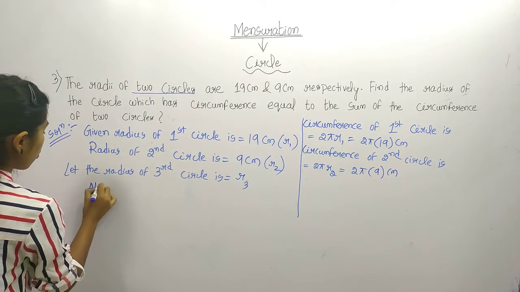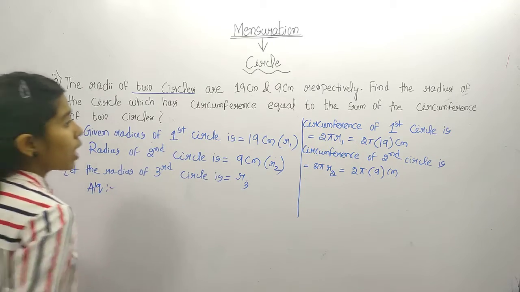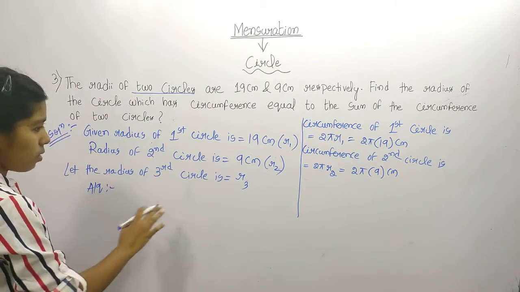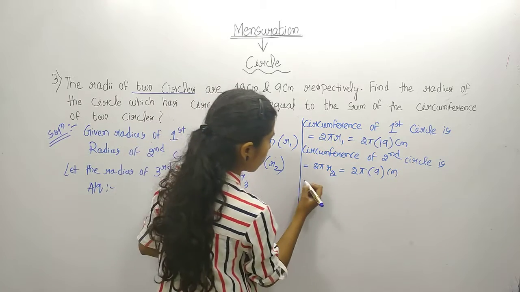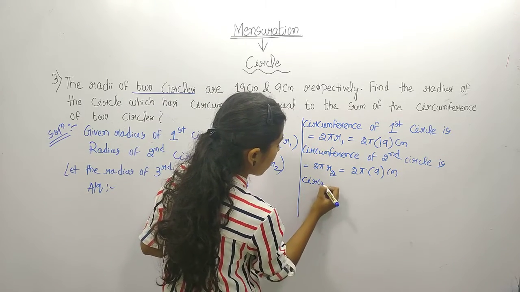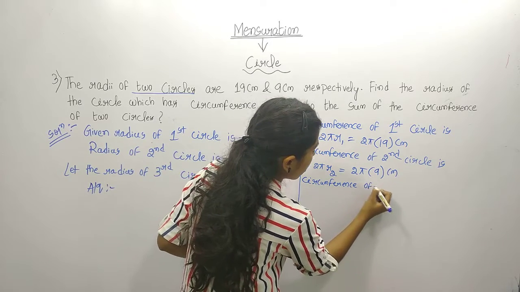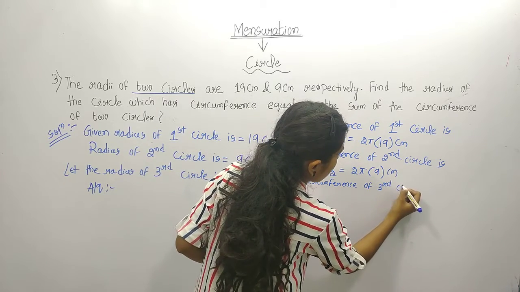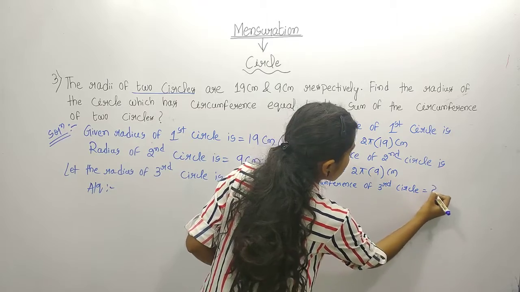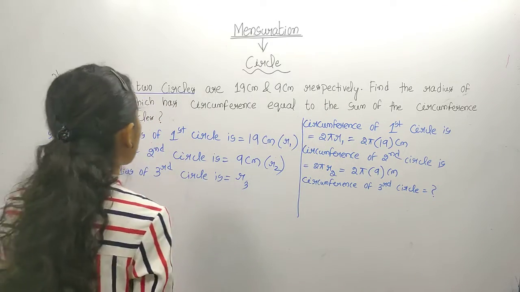According to the question, find the radius of the third circle. So you have to find the circumference of the third circle. What is given?